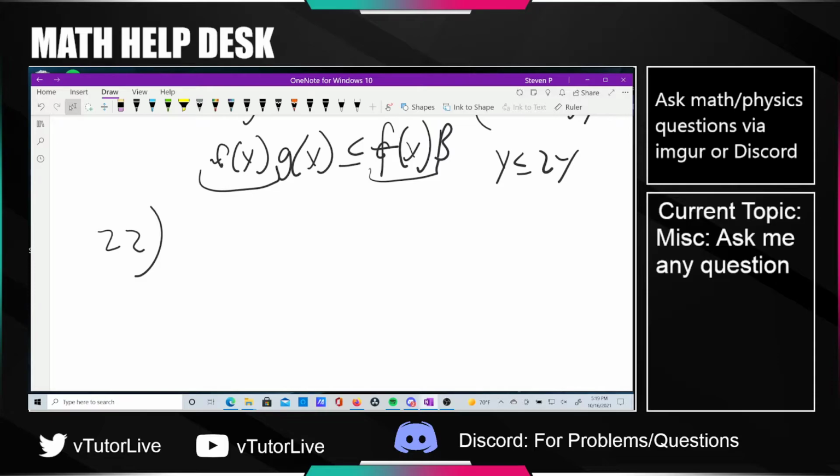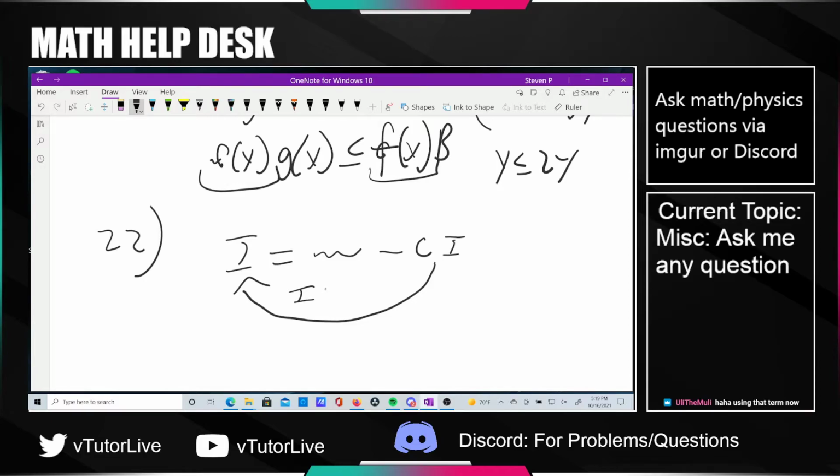Do you remember that Phoenix rising from the ashes integral where you had I is equal to something minus 1/16 I? Or let's just call this a constant, c. This is one of those ideas you should really know from integration by parts: the answer at this point just becomes I times 1 plus c is equal to that something.